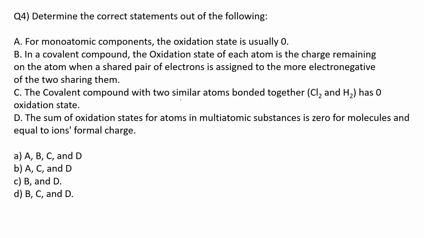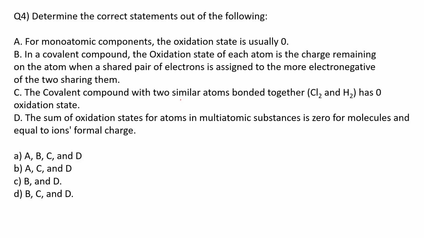Third option is, the covalent compound with two similar atoms bonded together like Cl2 or H2 has 0 oxidation state. The next option is, the sum of oxidation states for atoms in multi-atomic substances is 0 for molecules and equal to the ion's formal charge.